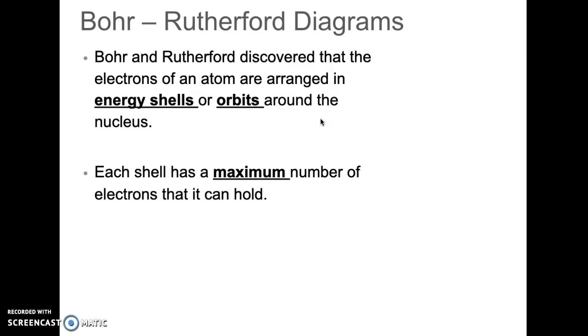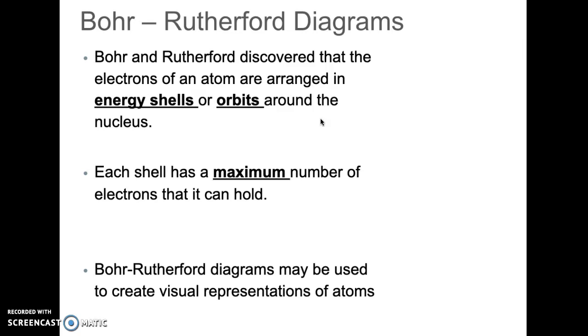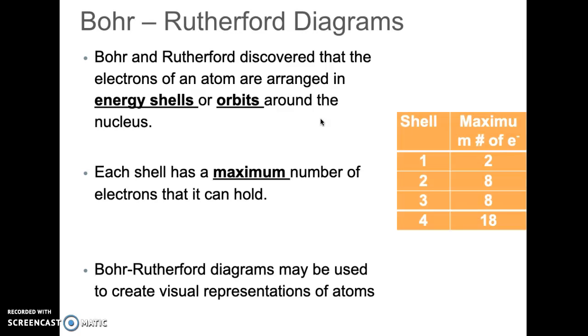Each of these shells has a maximum number of electrons that it can hold. These diagrams are used in chemistry to create visual representations of atoms, and as you go on in chemistry, they help you learn how compounds are formed with two or more elements. But today we're just going to focus on making these diagrams.